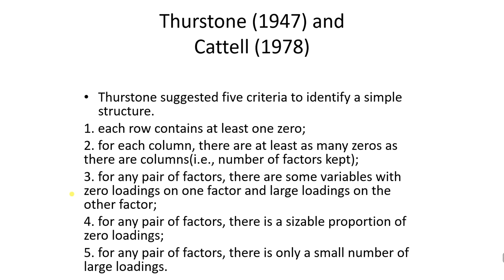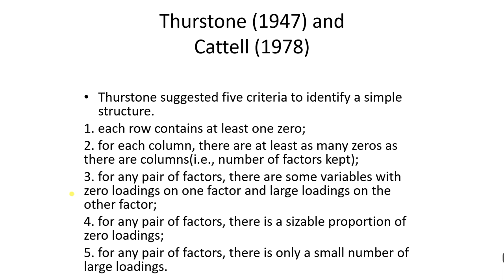First, each row contains at least one zero factor loading. Second, for each column, there are at least as many zeros as there are columns, that is, the number of factors. So suppose we have 4 factors, there must be at least 4 zeros in the columns.